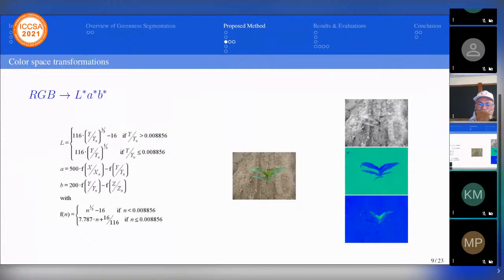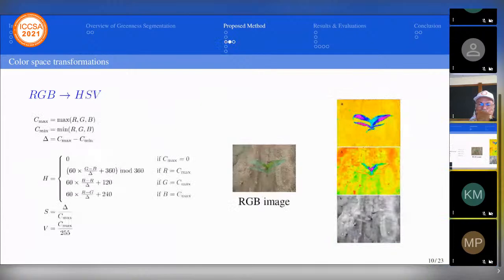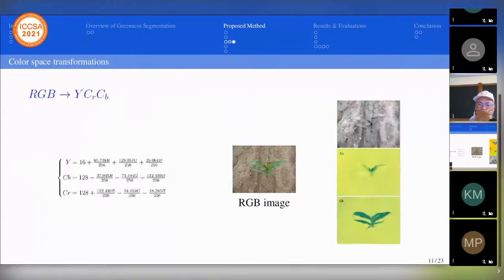The second considered color space is HSV, which is also a nonlinear transformation of the RGB color space. We have used the H hue channel because it has great robustness against light change. The last color space is the YCrCb color space, which is this time a linear transformation of the RGB color space.